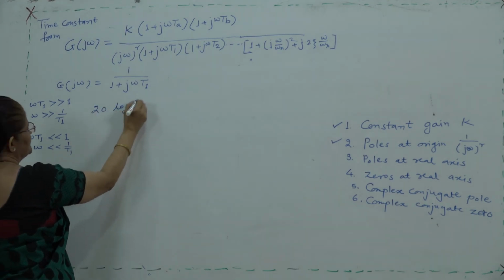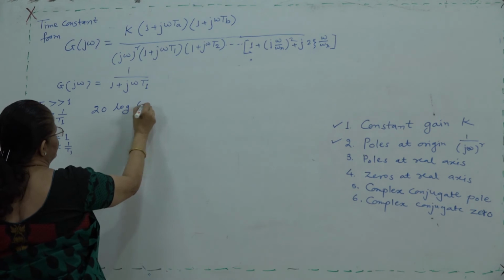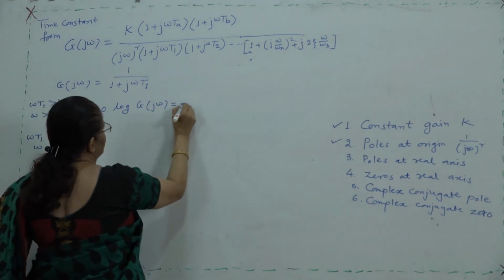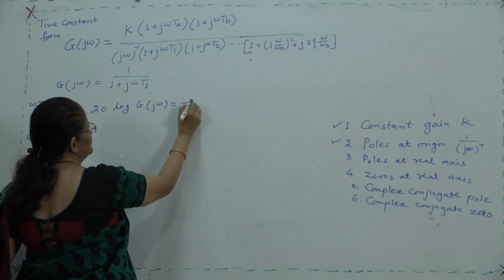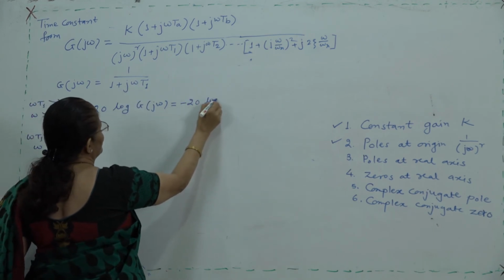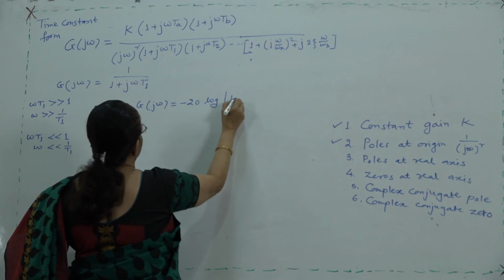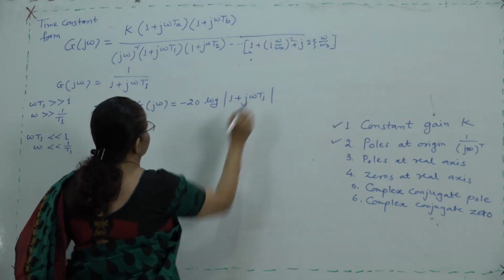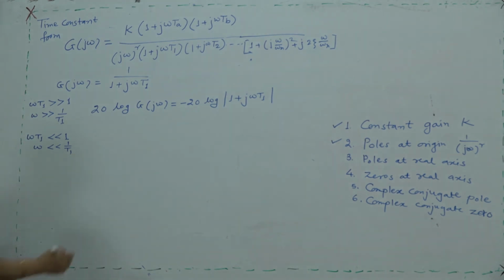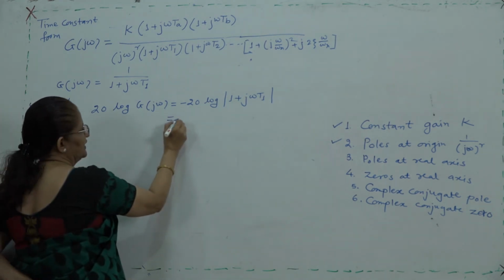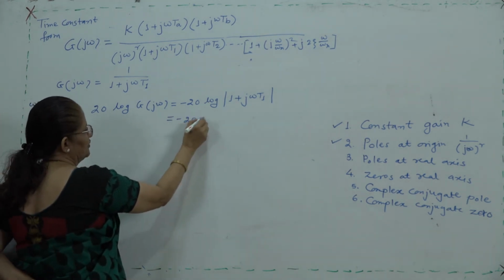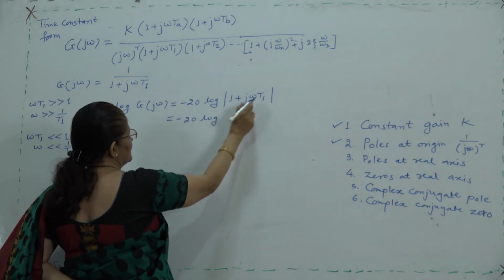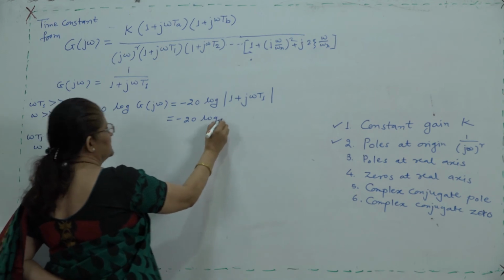20 log of g j omega is equal to, this is at the denominator. So, you will get minus 20 log of magnitude of 1 plus j omega t1. Simplify it. So, what you will get? Minus 20 log of. So, what is the magnitude? Real part square plus imaginary part square, and it is under root.